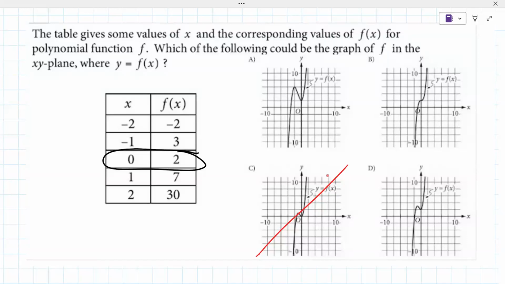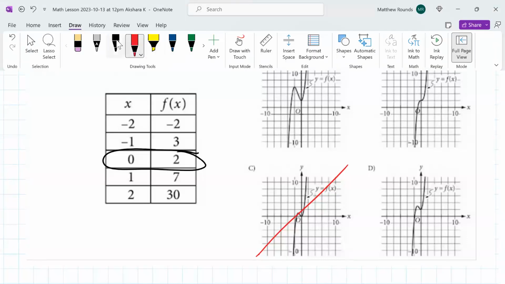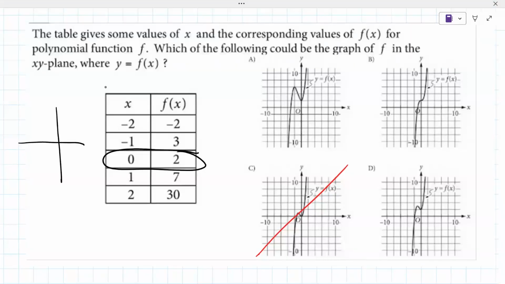Like, I'm not saying you need to, but you could try to graph this without looking at the graphs just to get a feel. Okay, that's up there, that's down there. So it's got some sort of shape like that, and that could get you closer to figuring out which one it is. It's down to A or D. It is D.